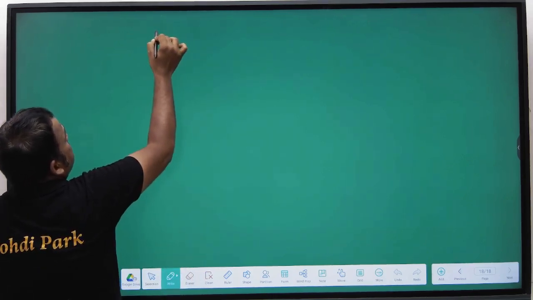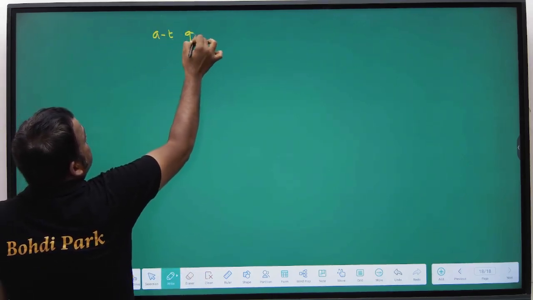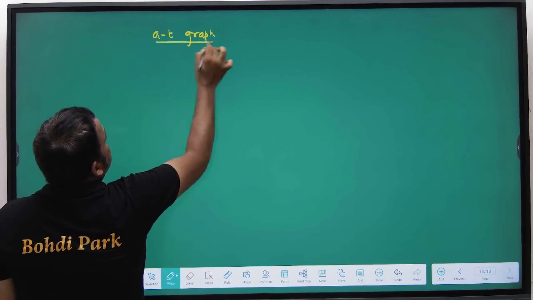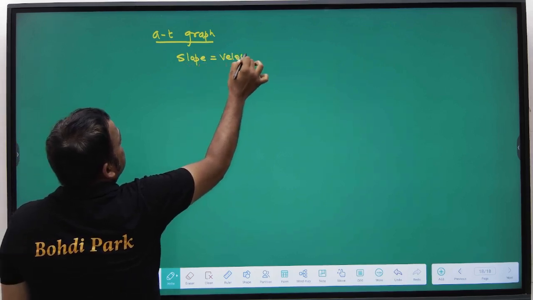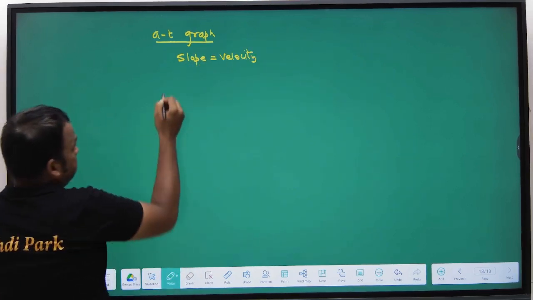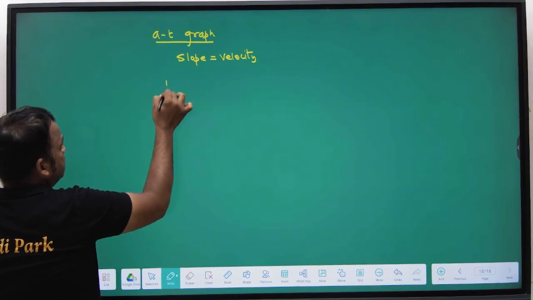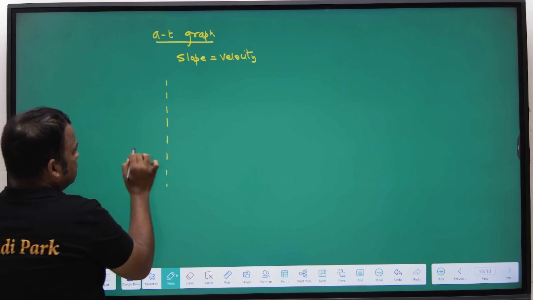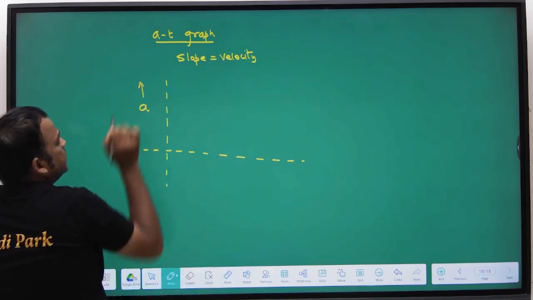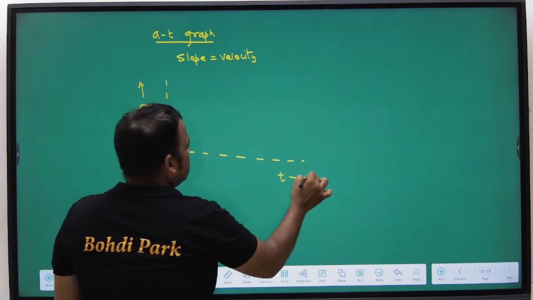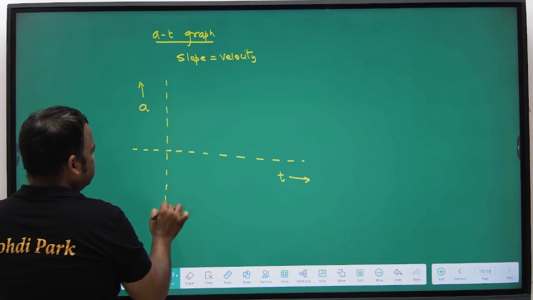Let's take one example of AT graph. When AT graph is there, the slope will be velocity. If it is a straight line, the slope is constant. So vertical line we are considering acceleration and horizontal line we are considering time.